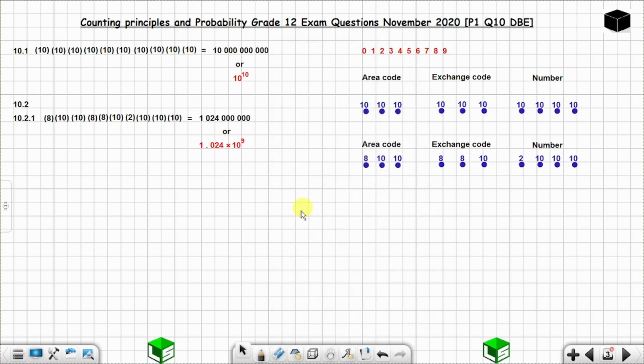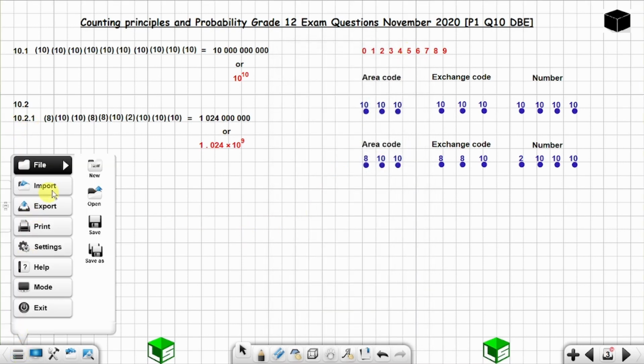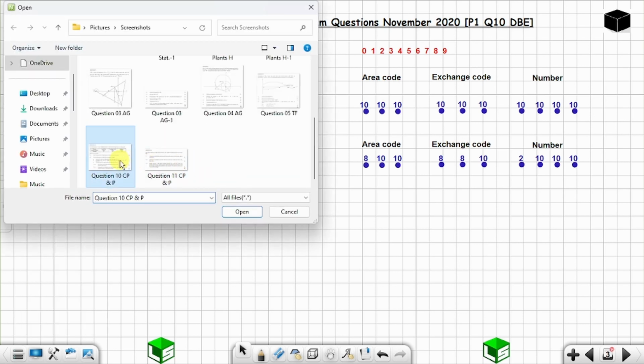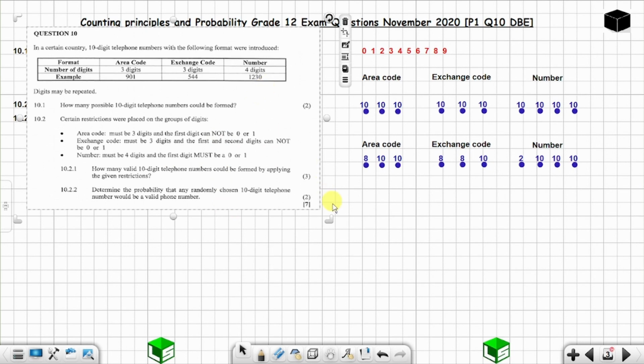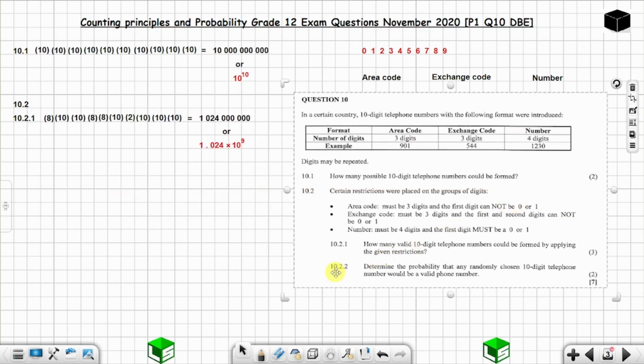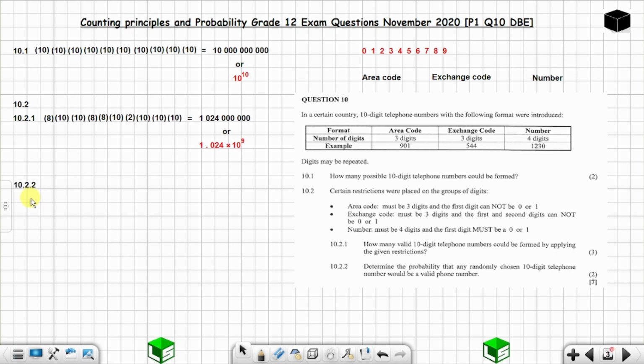Now, question 10.2.2. Let me get the question again. It's question 10 from November 2020. Determine the probability that any randomly chosen 10-digit telephone number would be a valid phone number, 2 marks.